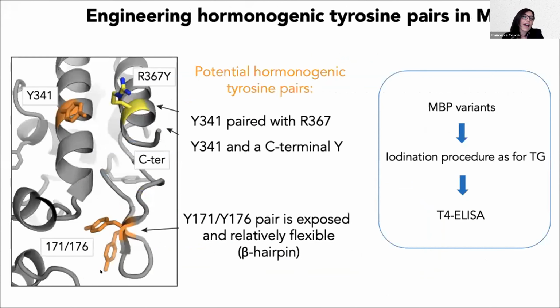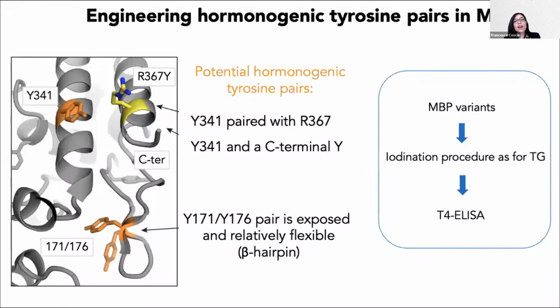In particular, in the wild type we have a beta hairpin containing 2 tyrosines, which could form hormones. And then we have a very exposed Y341, which is isolated, but we could create a pair by mutating this arginine or adding a peptide at the C terminus, which is quite close.